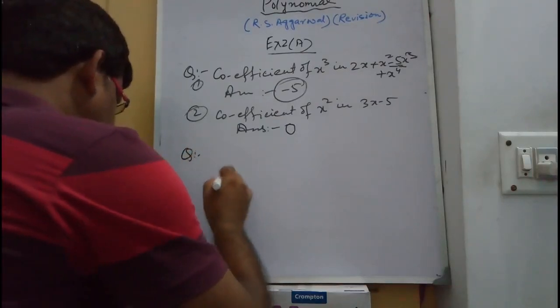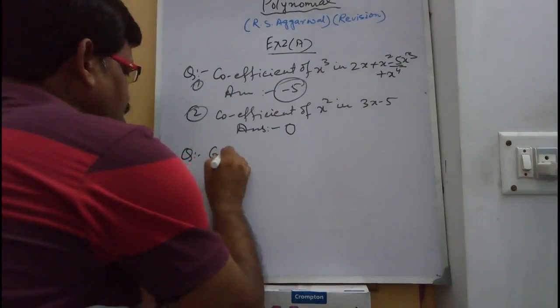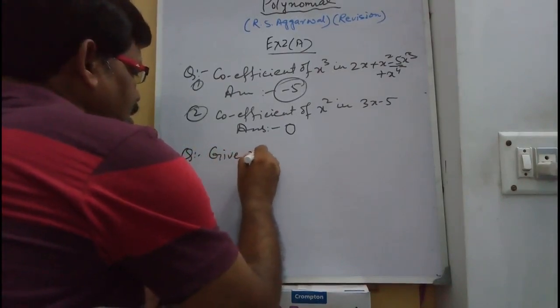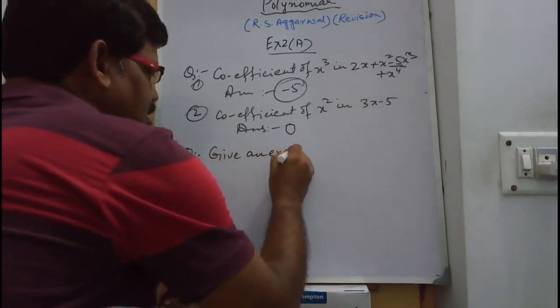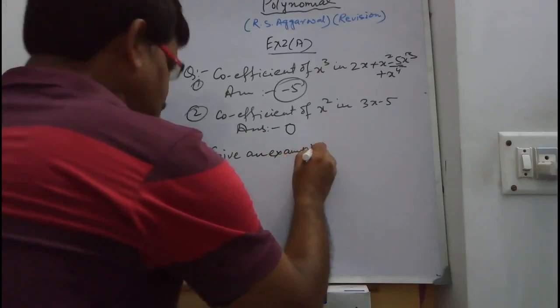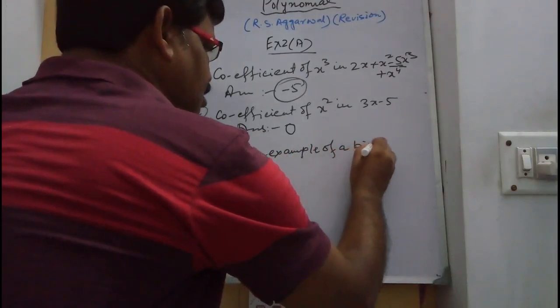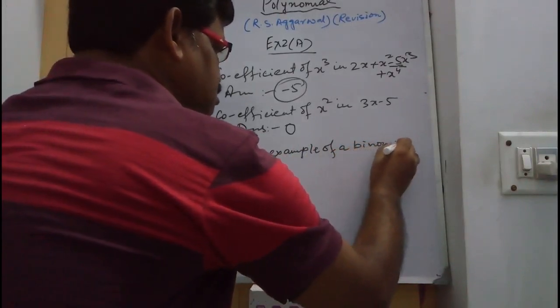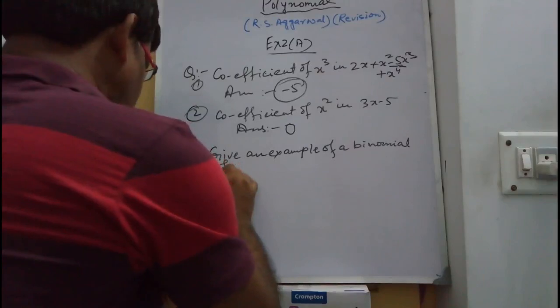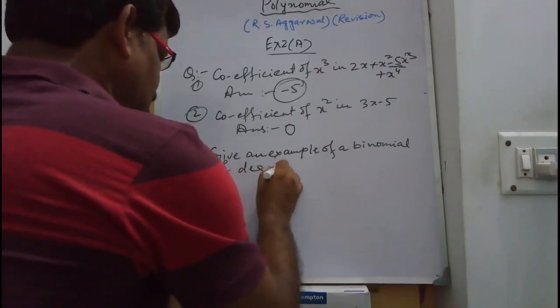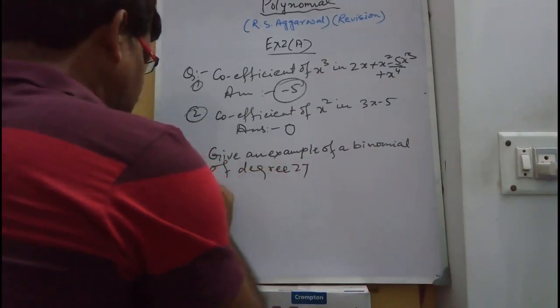Next question, give an example of a binomial of degree 27.